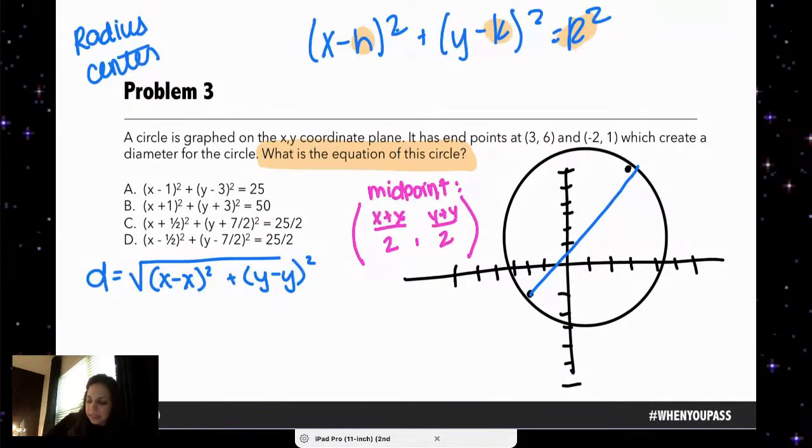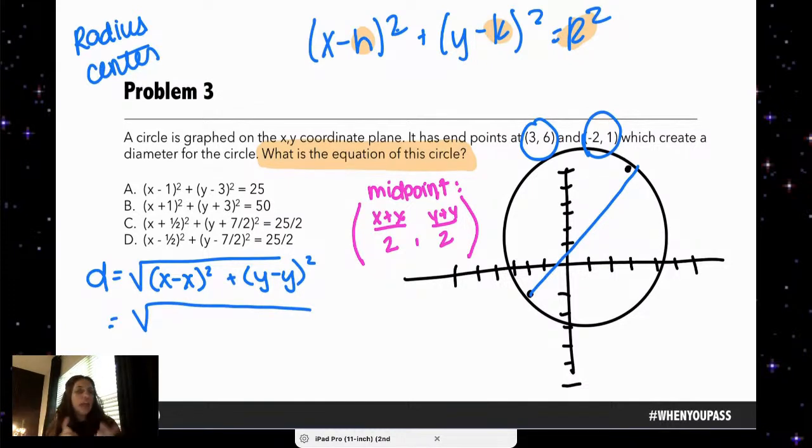So let's start with distance. I'm going to take my 2 points and do the square root of, it doesn't matter which x you do first and which y you do first, as long as you are consistent.